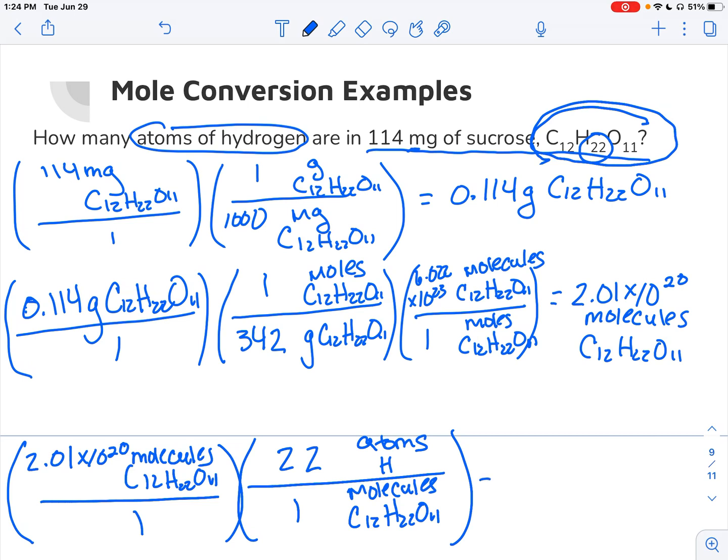So that's how you're going to figure out the final answer. So 4.42 times 10 to the 21st atoms of hydrogen.